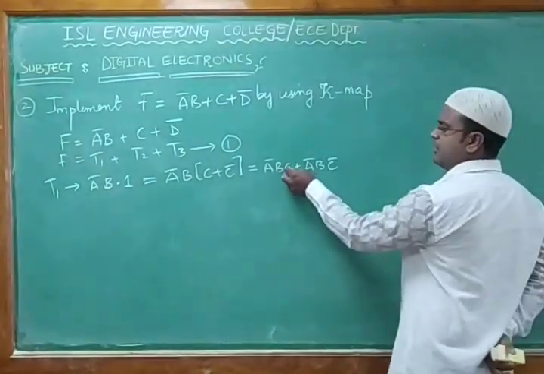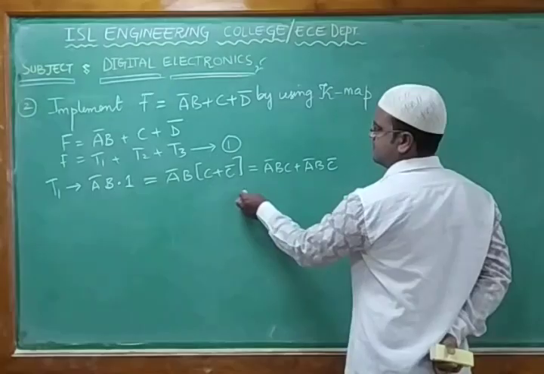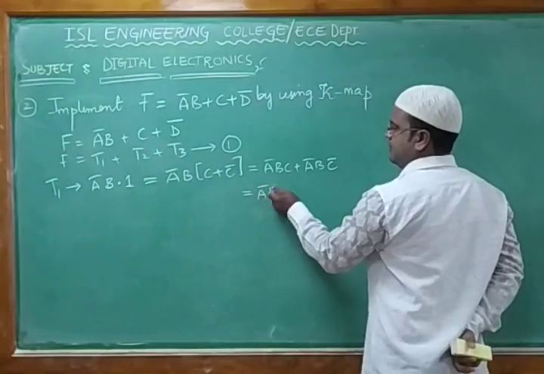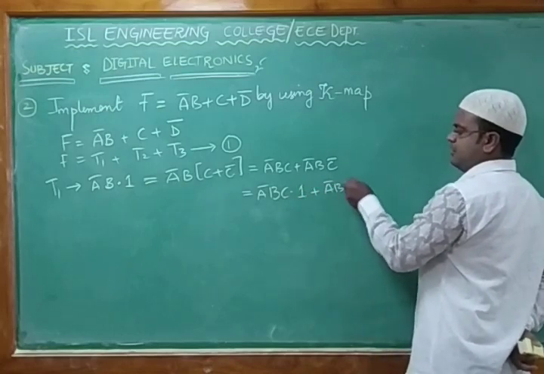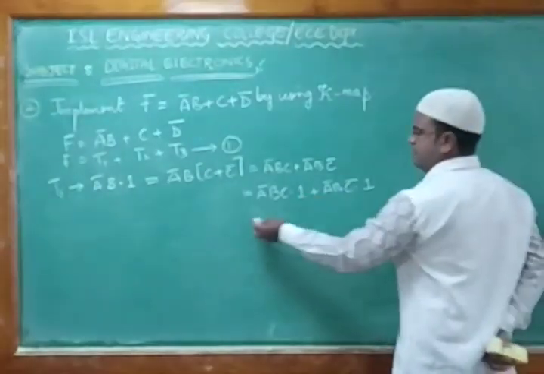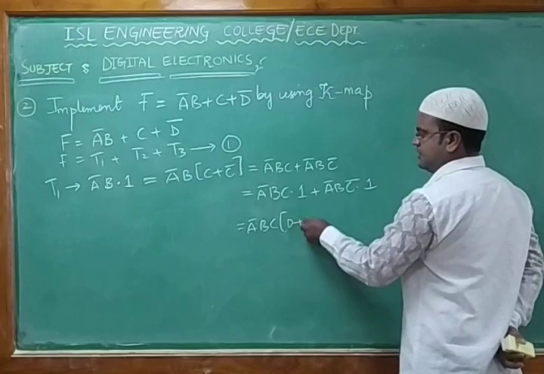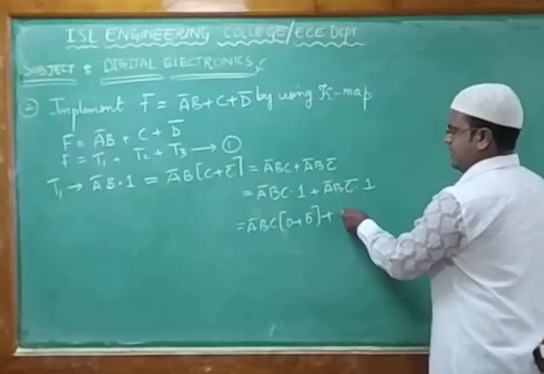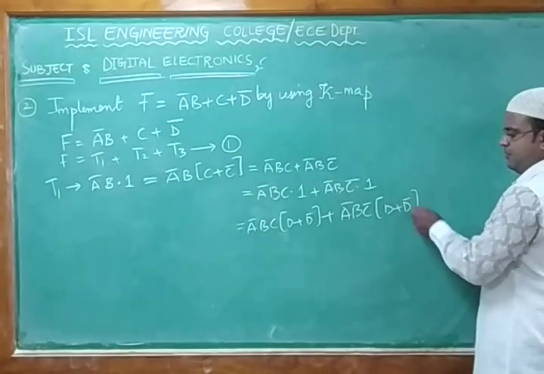So what I'll do, here also I'll multiply with 1, here also I'll multiply with 1. So what I'll get in this, if I am having A complement B C into 1 plus A complement B C complement into 1. So what is one value I have? A complement B C, 1 I can write D plus D complement. Here also I can write 1 as D plus D complement.